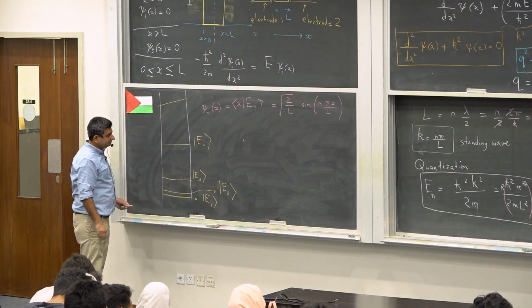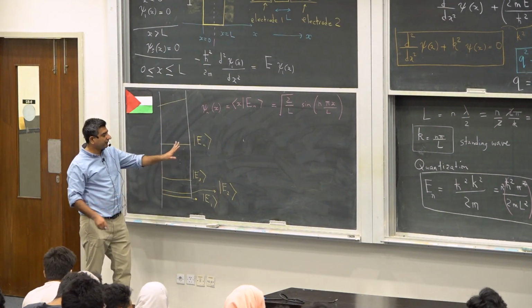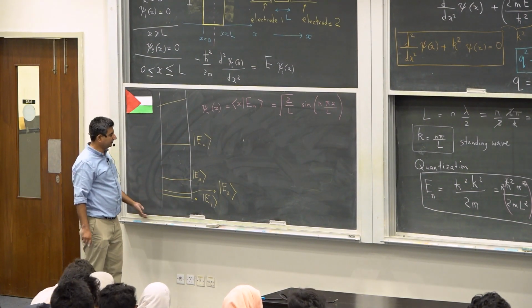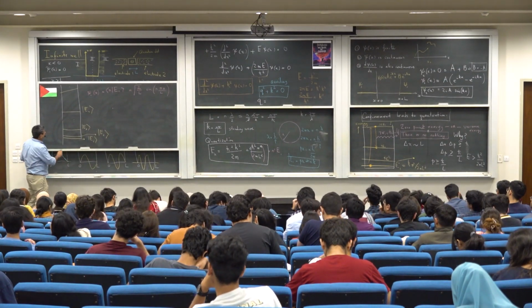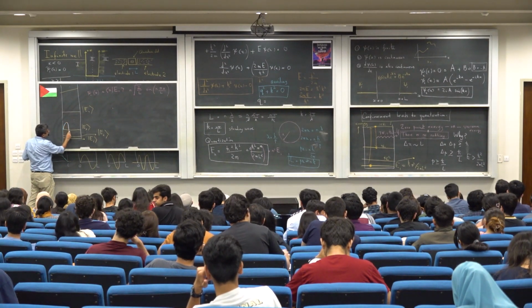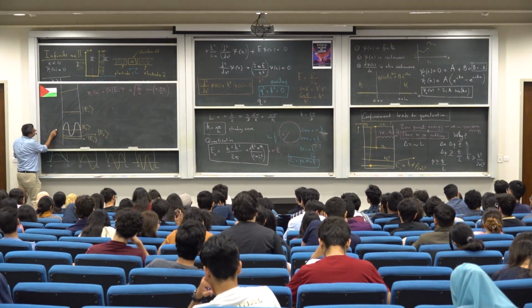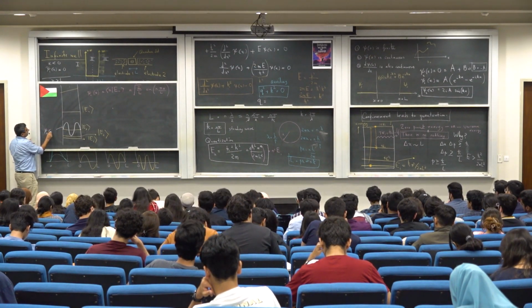So suppose I just take some value of n. Let me focus on ket E3. Now this is a very important point. Let me draw the wave function here. This is my wave function, psi 3.